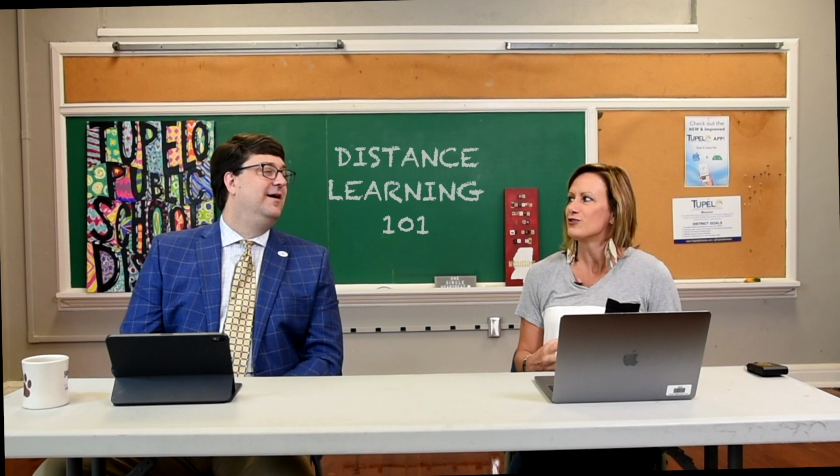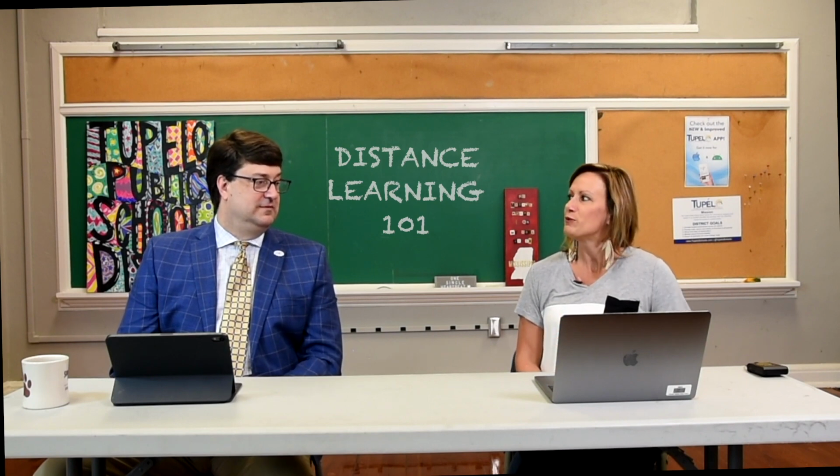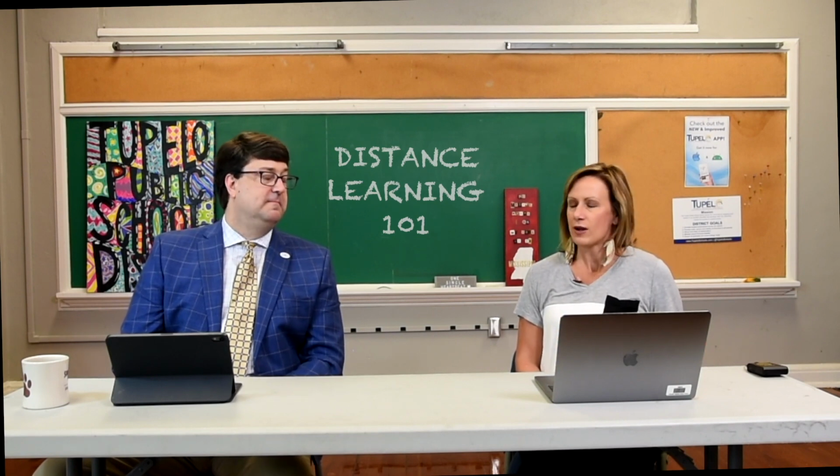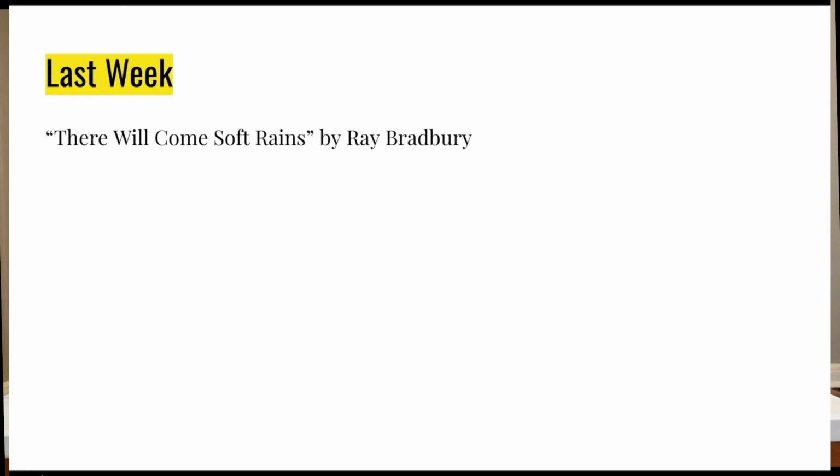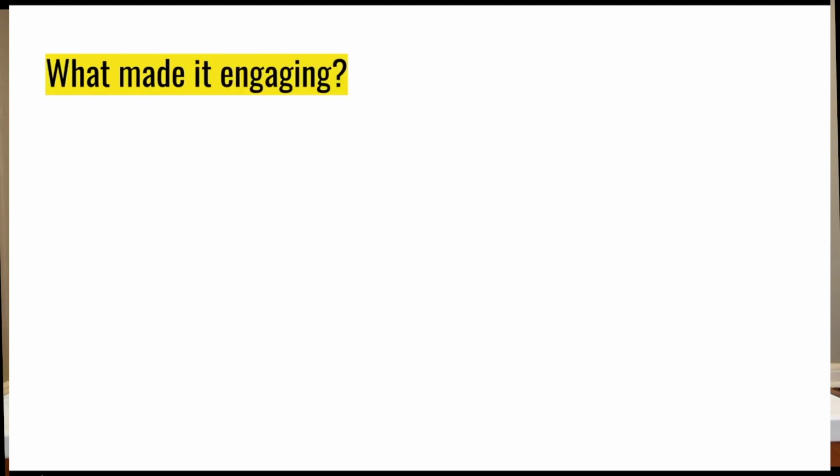We're really looking at dramatic elements that you would put in a story. I gave them a mentor text to look at. Some of the things that made Soft Rains engaging was the fact that you did not know what happened until about halfway through the story.